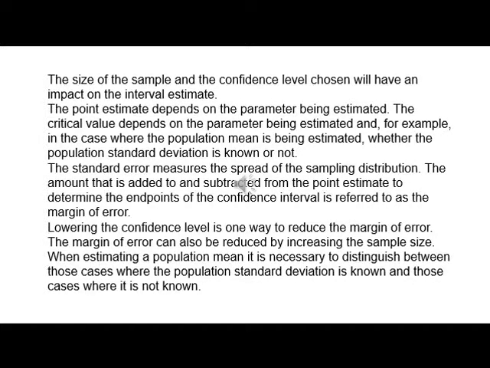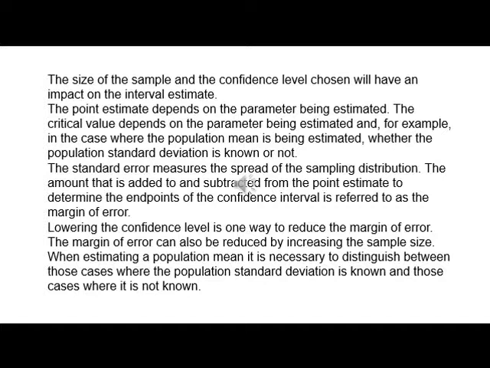The size of the sample and the confidence level chosen will have an impact on the interval estimate. The point estimate depends on the parameter being estimated. The critical value depends on the parameter being estimated and, for example, in the case where the population mean is being estimated, whether the population standard deviation is known or not.